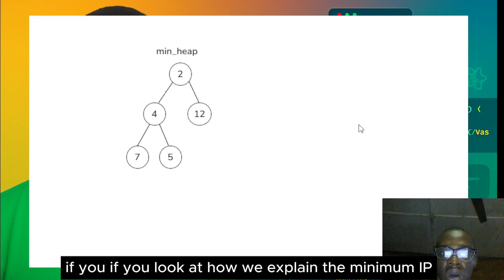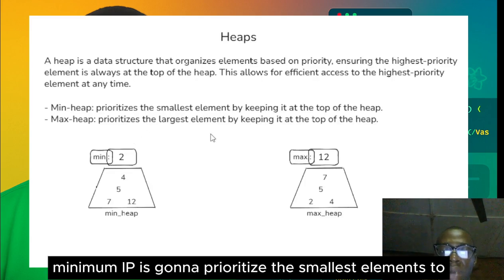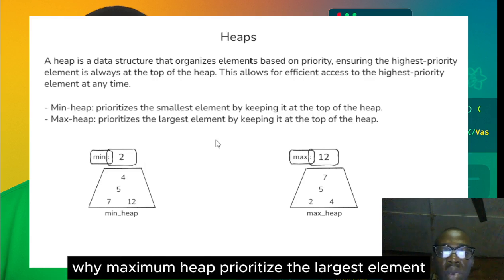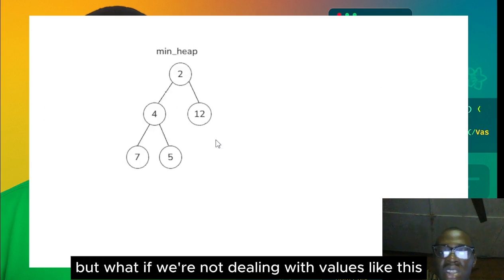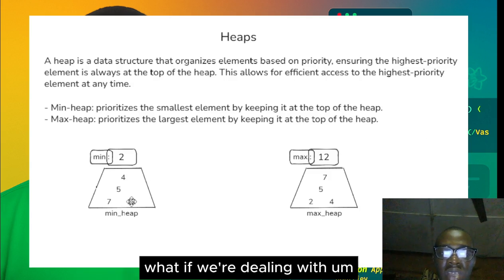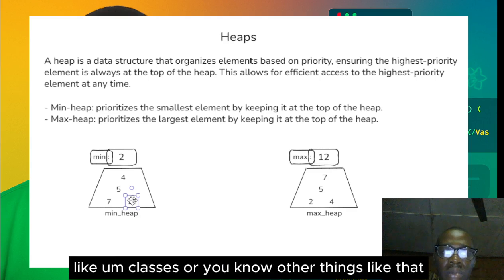If you look at how we explained the minimum heap right here, we said that a minimum heap is going to prioritize the smallest elements by keeping them at the top of the heap, while a maximum heap prioritizes the largest element by keeping it at the top of the heap. But what if we are not dealing with values like this? What if we are dealing with other objects like strings, booleans, classes, or other things like that?